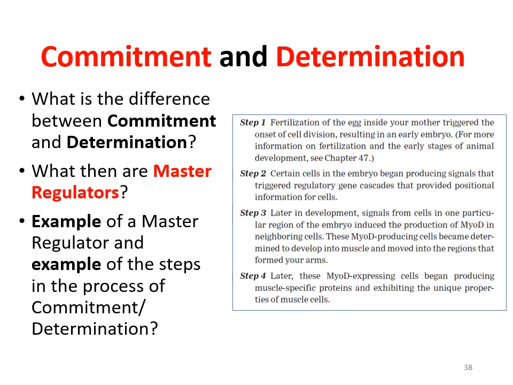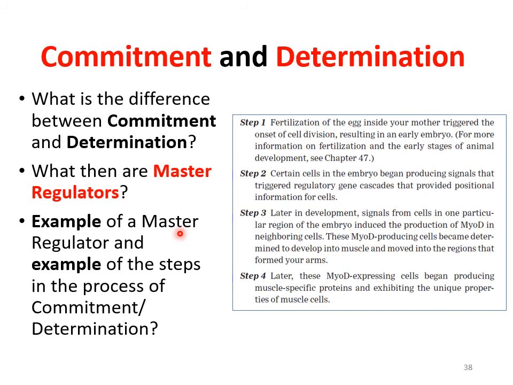An example of a master regulator, which is found in the process of when your cells become committed to differentiating into muscle cells, the master regulator there is MyoD. So MyoD is an example of a master regulator involved in triggering undifferentiated cells to become specifically muscle cells.